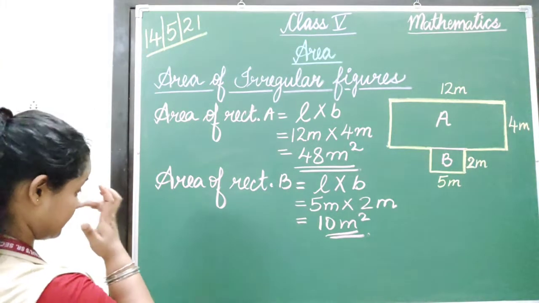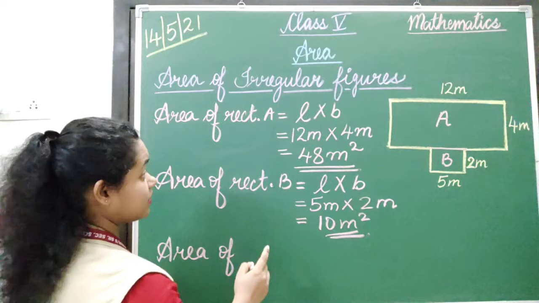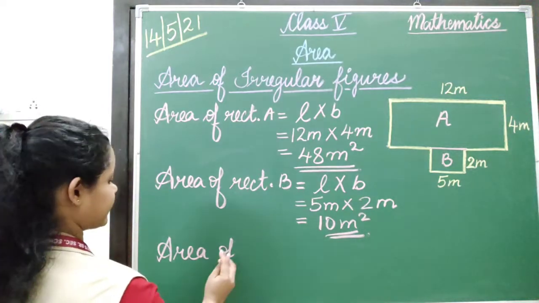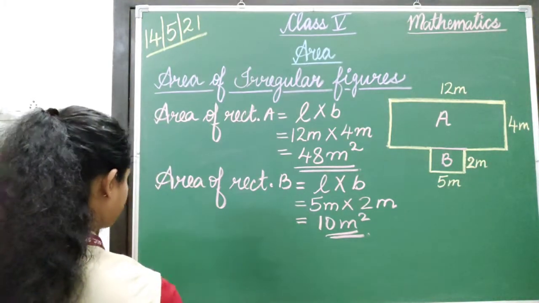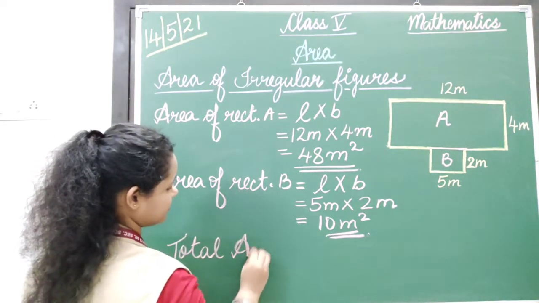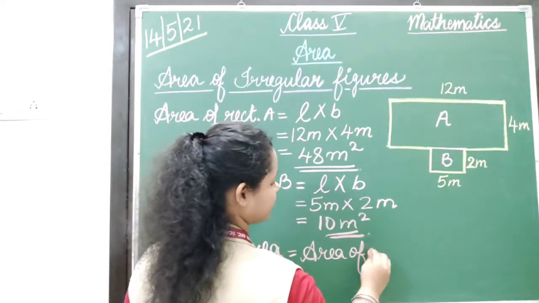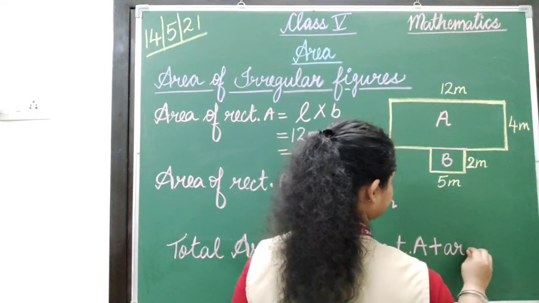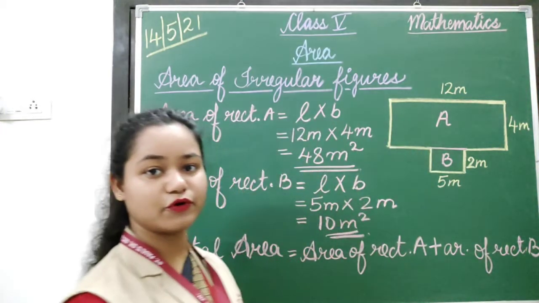Now, total area of this irregular figure is equals to area of rectangle A plus area of rectangle B. Yes or no?